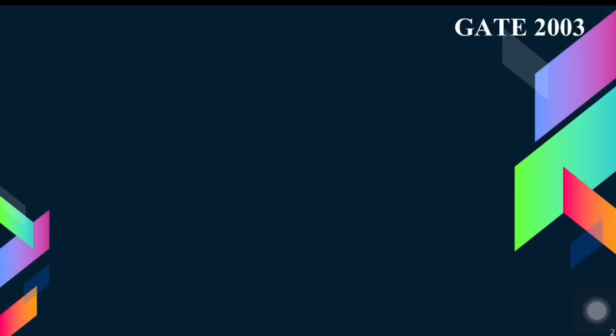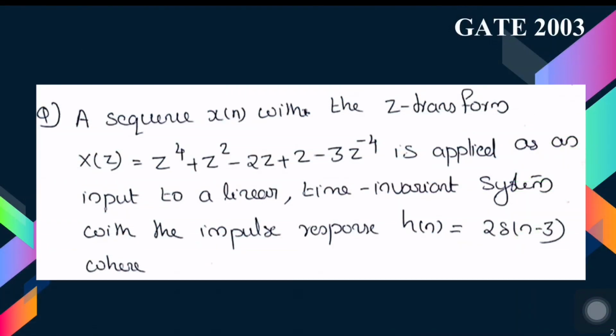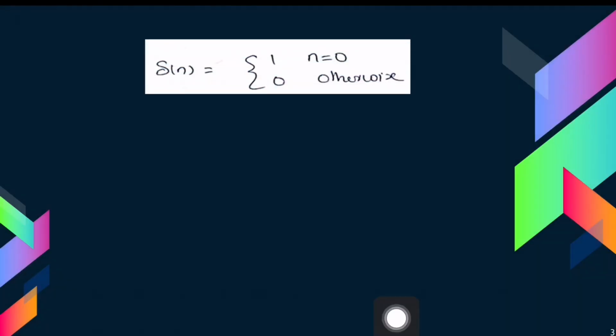The first question I have for you is from GATE 2003. A sequence x of n with the Z transform X of z equal to z raised to 4 plus z raised to 2 minus 2z plus 2 minus 3z raised to minus 4 is applied as an input to a linear time invariant system with the impulse response h of n equal to 2 into delta of n minus 3, where delta of n is equal to 1 for n equal to 0 and 0 otherwise.